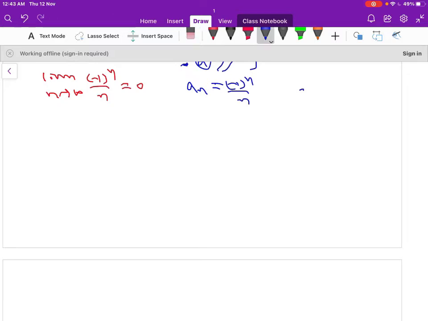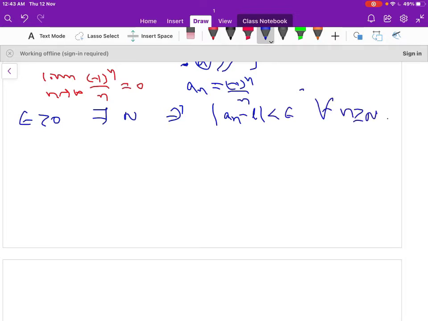For any epsilon positive, there exists N such that modulus of a n minus L is less than epsilon for all n greater than or equal to N. Now consider modulus of a n minus L, that is equal to modulus of minus 1 to the power of n by n.